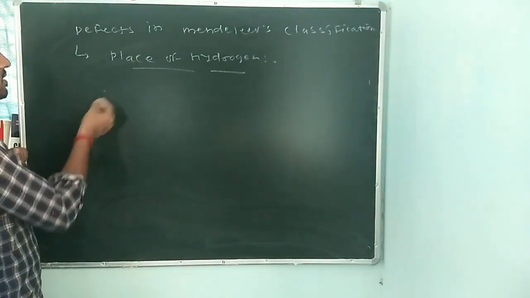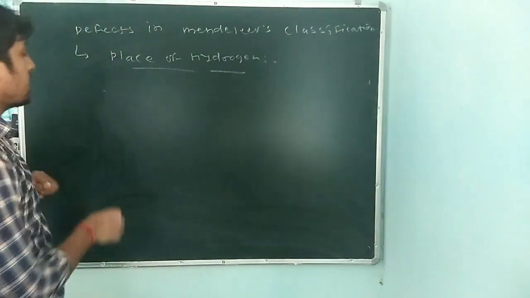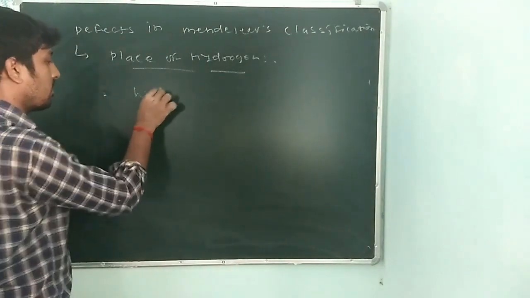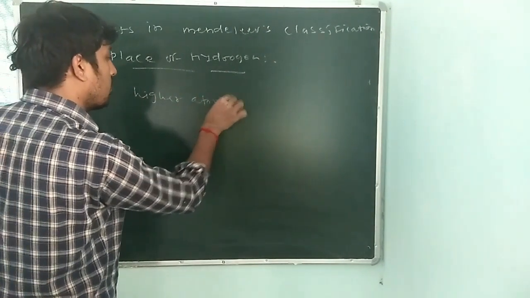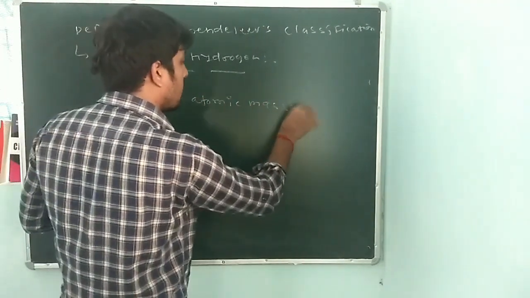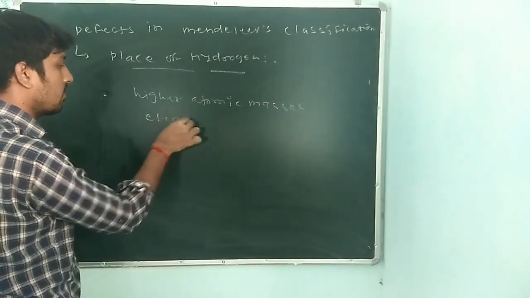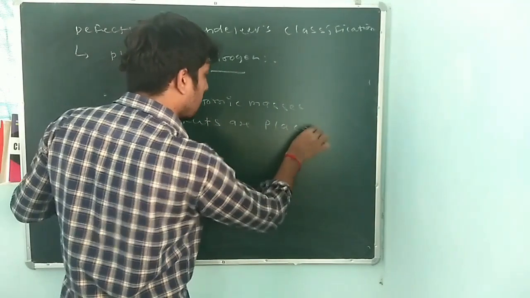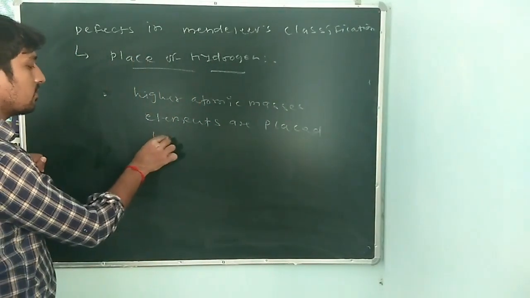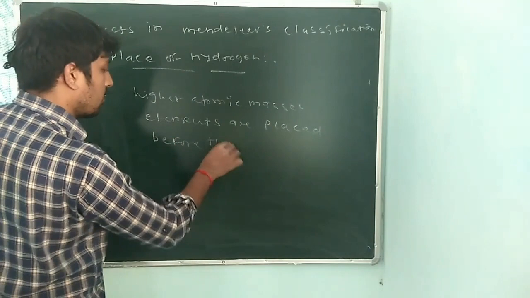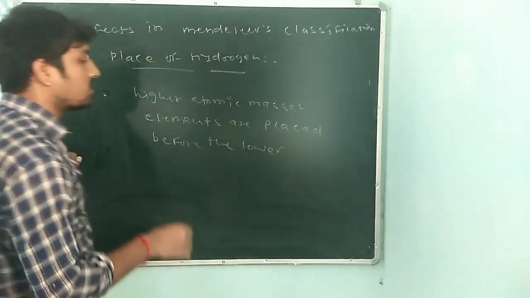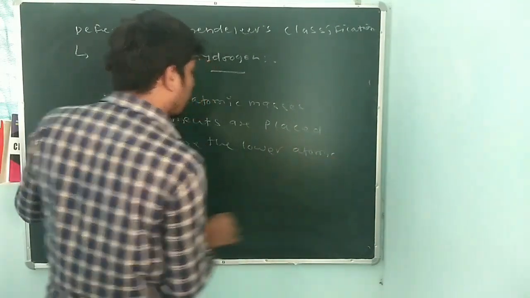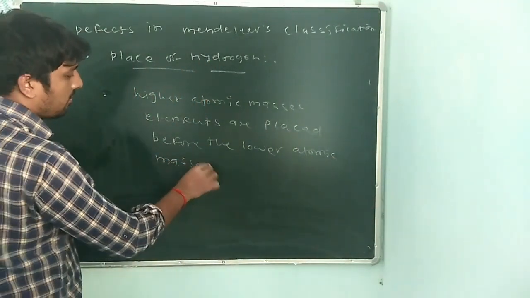And what is the second defect? The second defect is that elements of higher atomic masses are placed before elements of lower atomic masses.